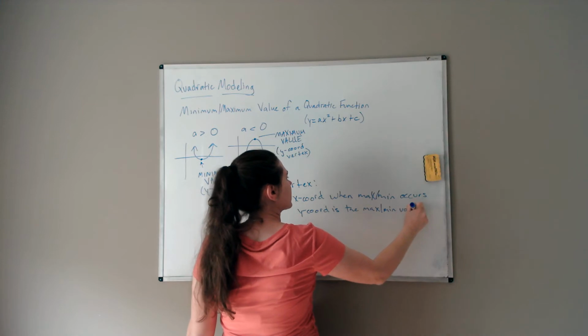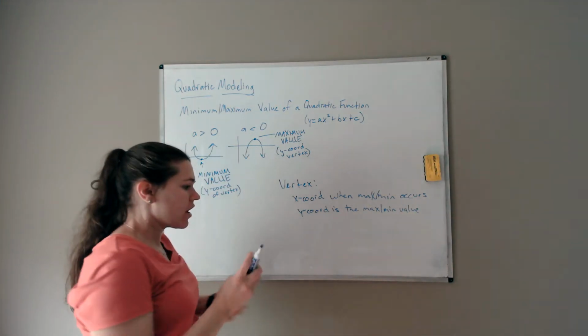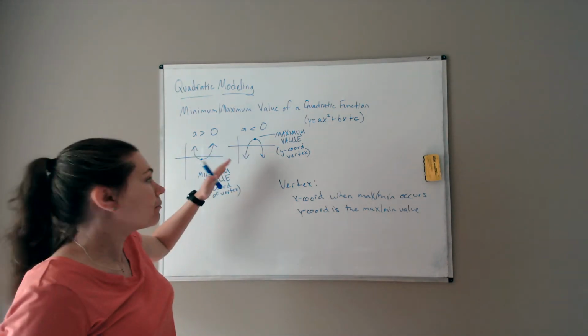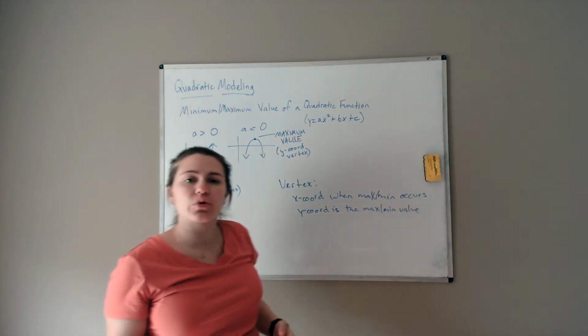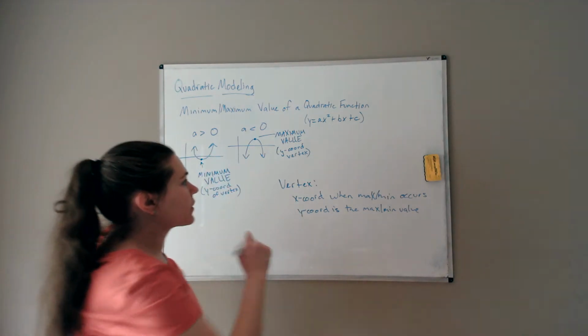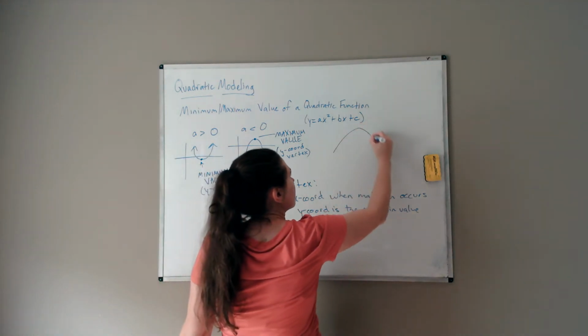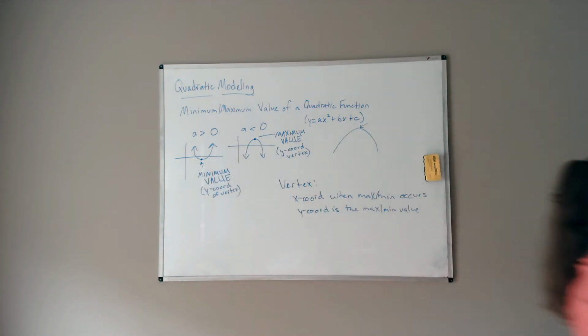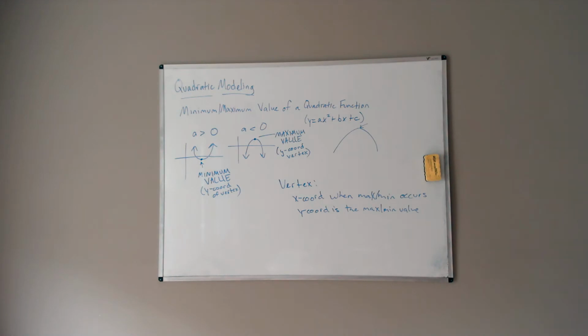This is important in quadratic modeling because in a lot of real-world situations you can create a quadratic model that represents that situation. For example, if we throw an object up in the air and it comes back down, we might want to know the maximum height that object reached. So that's one example of the importance.